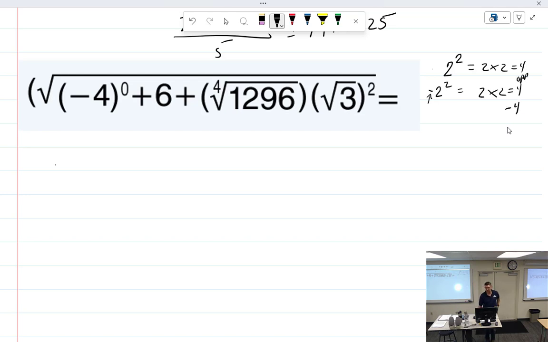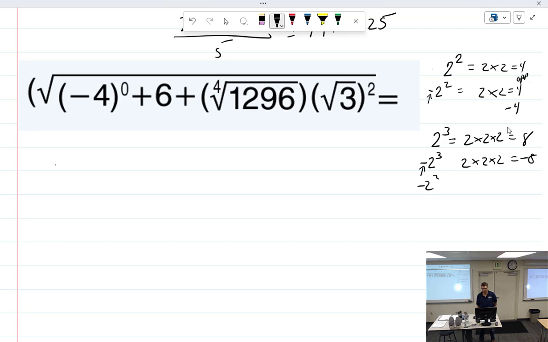Actually it works better with cubes. I'll do it with cubes. So 2 cubed equals 2 times 2 times 2, which is 8. Okay, negative 2 cubed, that's the opposite. So it's the opposite of 2 times 2 times 2, which equals negative 8.